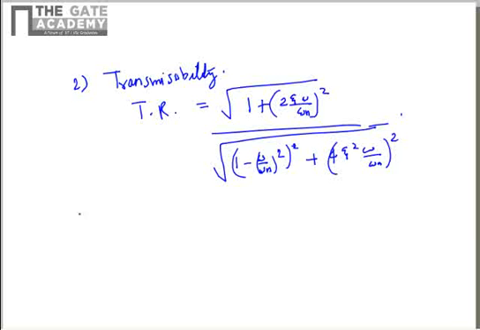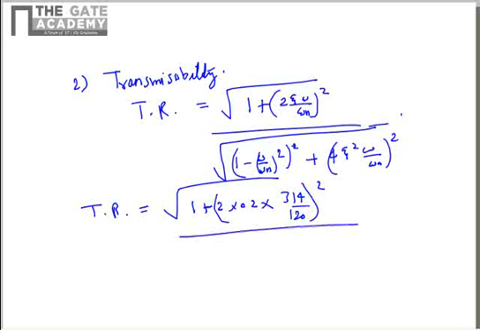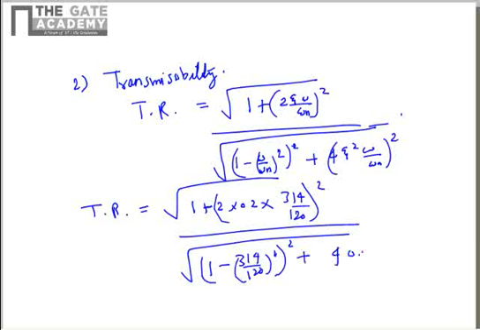So here we know most of the values, so we substitute the values for the transmissibility ratio. You have 1 plus 2, z is 0.2, omega is 314 and omega natural is 120, and this thing whole square, then you have square root of 1 minus 314 by 120 whole square, plus 4 into 0.2 square, 314 by 120 whole square.